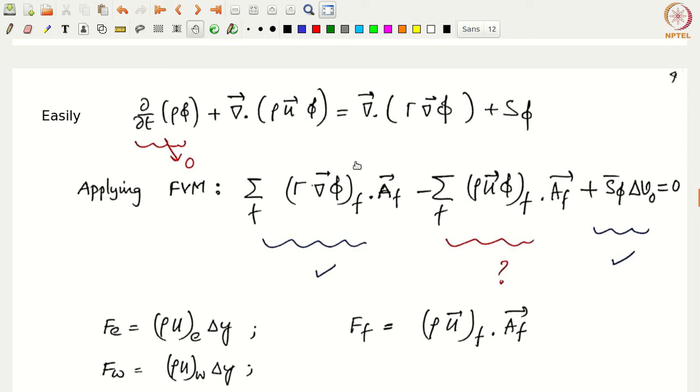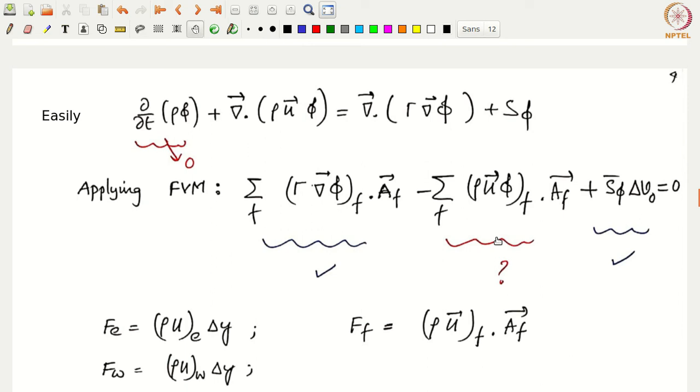We already know how to discretize the first term, the diffusion flux gamma grad phi f dot A_f bar, and also the source term S phi bar delta V naught: linearize the source, writing S phi bar as Sc plus Sp phi p. The only thing we don't know is the convection term, rho u bar phi f dot A_f bar.